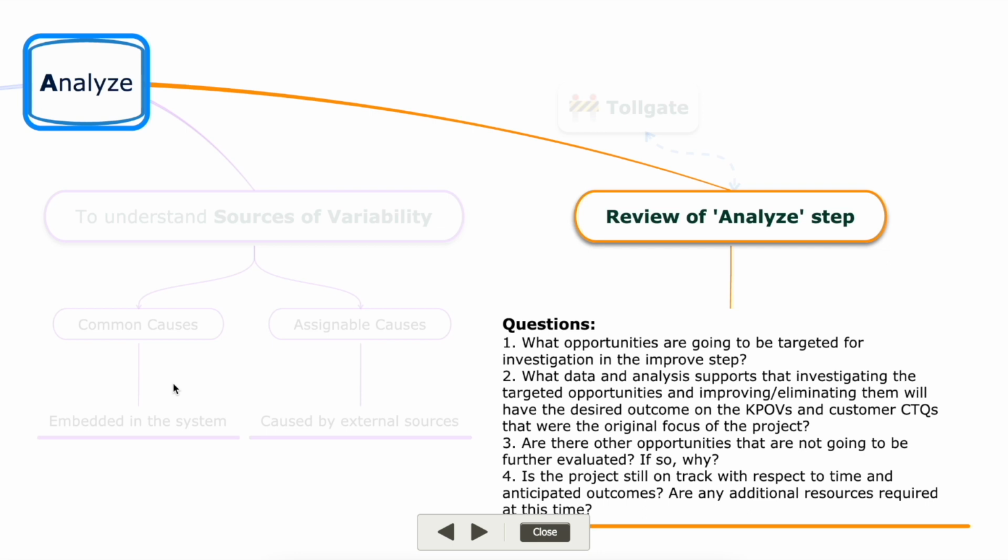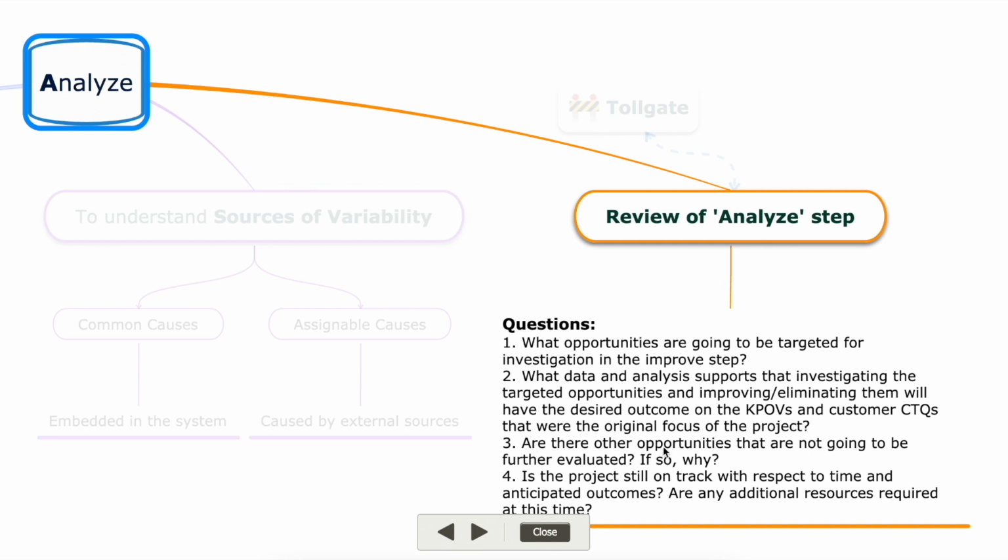What opportunities are going to be targeted for investigation in the improve step, and what data and analysis supports that investigating the targeted opportunities, and improving or eliminating them, will have the desired outcome on KPOVs? Remember, KPOVs are key performance output variables. So what will be the effect on KPOVs and customer CTQs that were the original focus of the project?